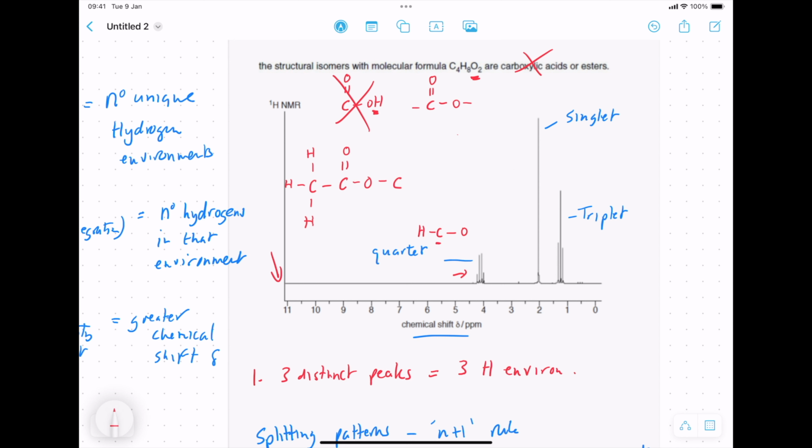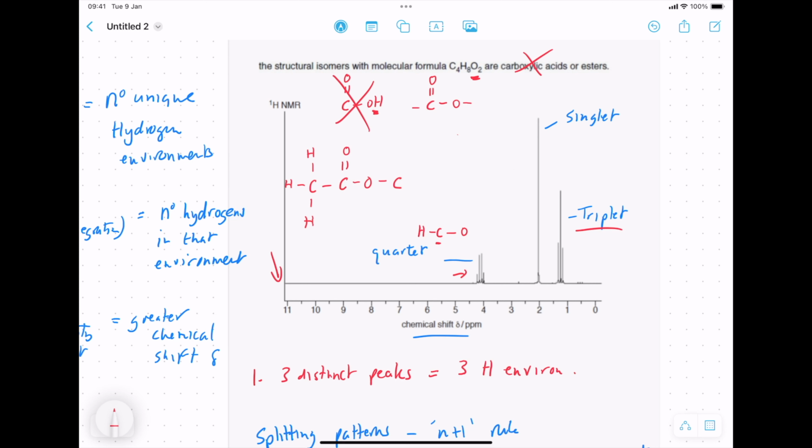A quartet is going to be formed when the hydrogen environment is adjacent to a carbon with 3 hydrogens, because 3 plus 1 would make 4, which is a quartet. And then a triplet would be caused by being next to a carbon which has 2 hydrogens, because 2 plus 1 makes 3, a triplet.